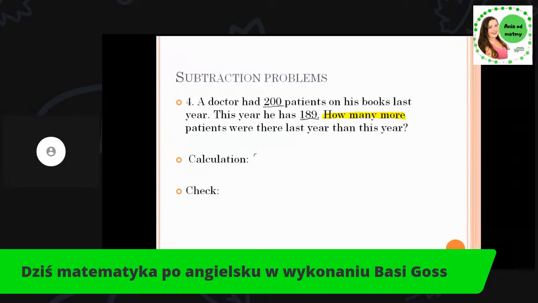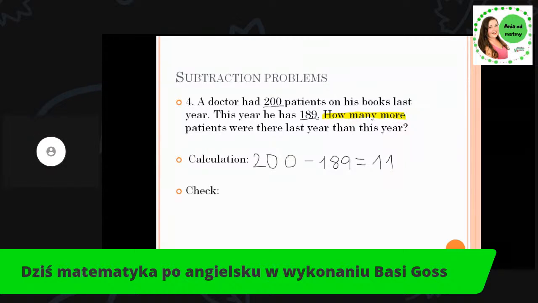Calculation: 200 minus 189 is 11. Yes, and we're getting answers from a few people.